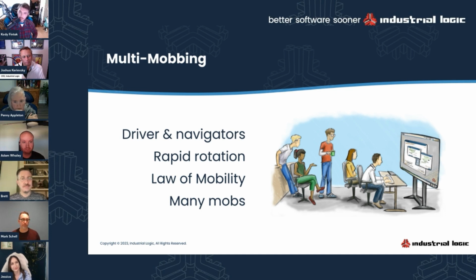So Brett, for context, how big is the team you're working on, and does the whole team mob together? So our team slightly varies, about 12 to 15-ish. It depends on what you define by the team. Our mobs vary in size, but 3 is a typical number. We sometimes pair.